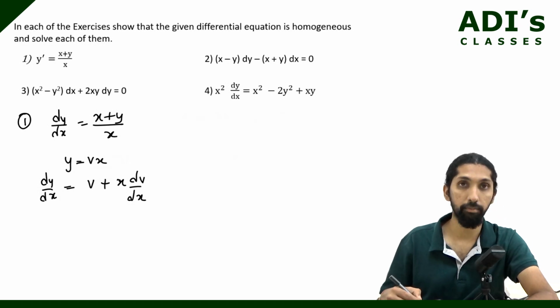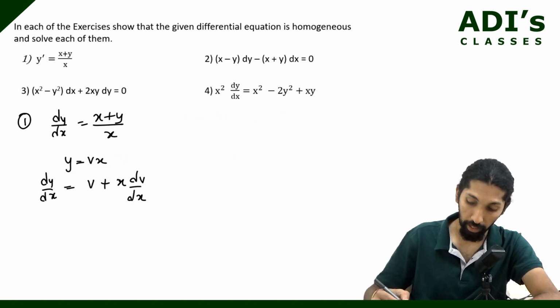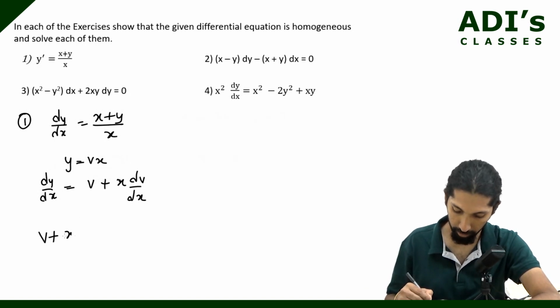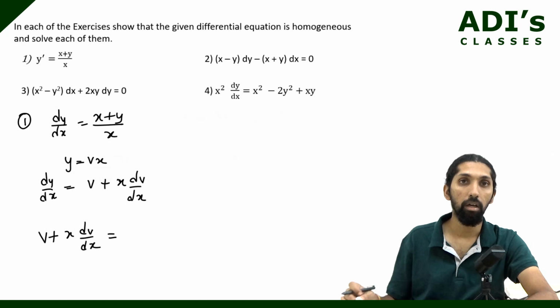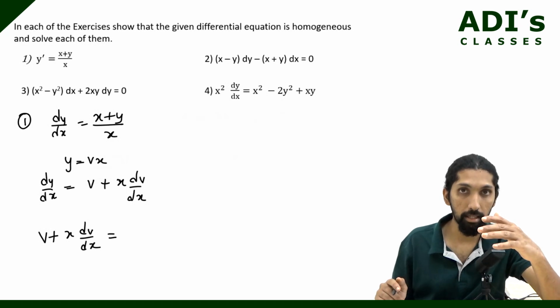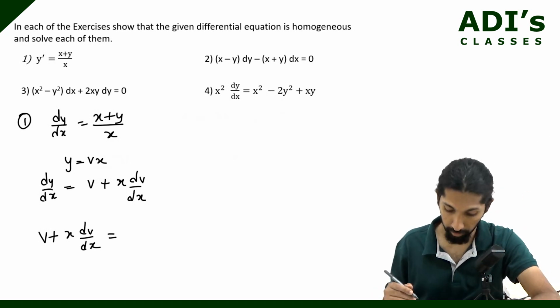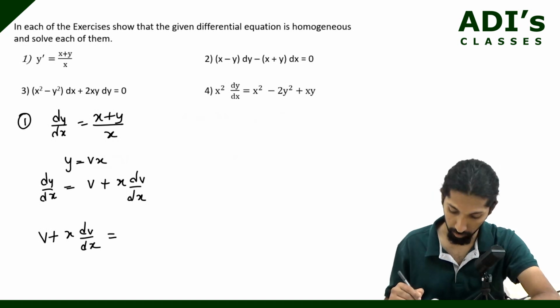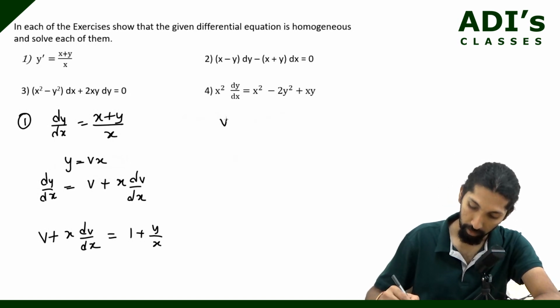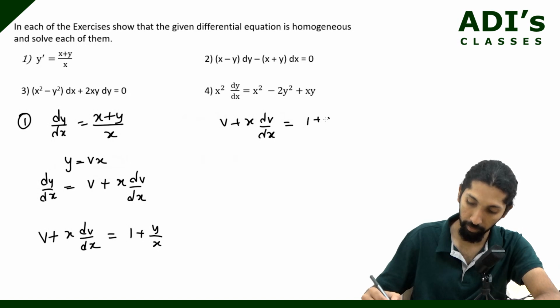So when you substitute, the LHS is going to become v plus x into dv by dx, which is equal to, in the numerator, you can just divide it separately. That means you can write this as x by x, that's 1, plus y by x. But what is y by x? v. So we got v plus x into dv by dx is equal to 1 plus v.